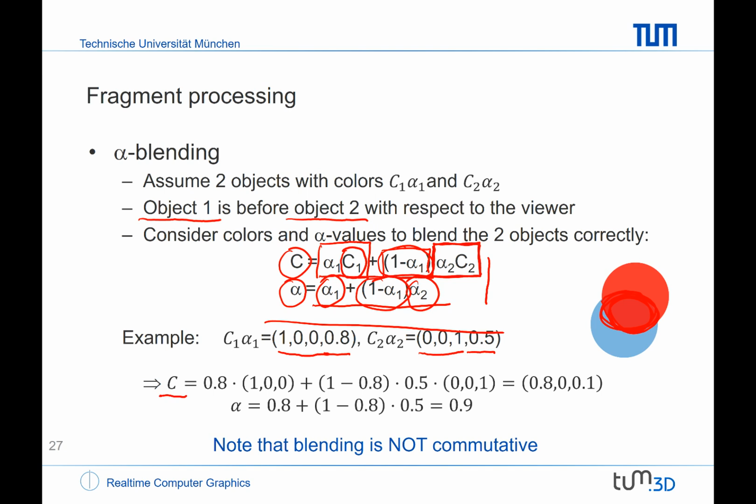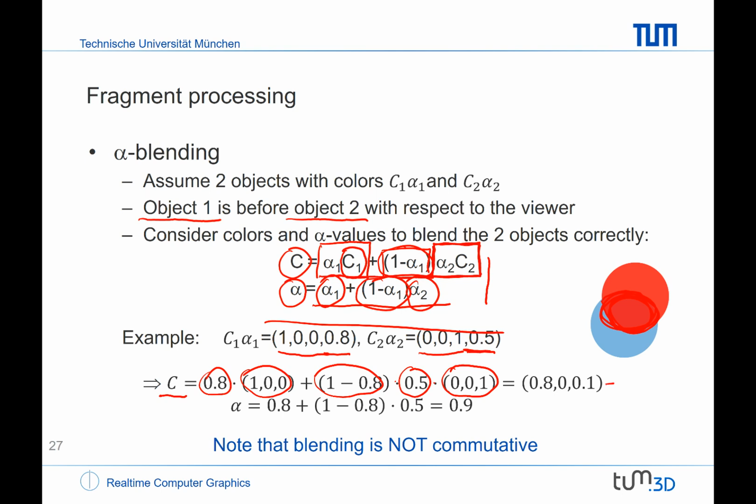The color blending is then just alpha 1, which is 0.8, times the color of the foreground object, which is red, plus 1 minus 0.8, that is the 1 minus alpha 1 here, times alpha 2, which is 0.5, times the color, which is blue, of the second object.